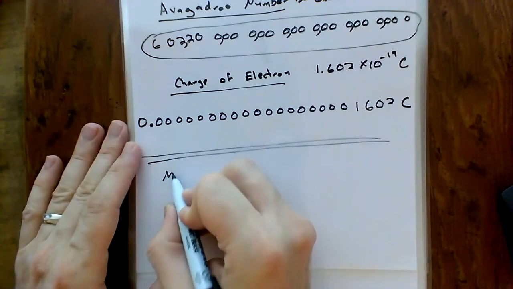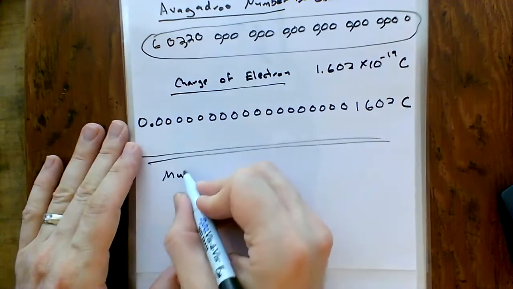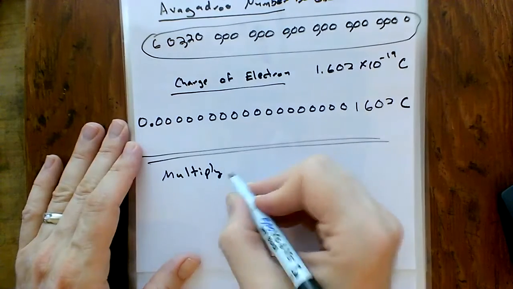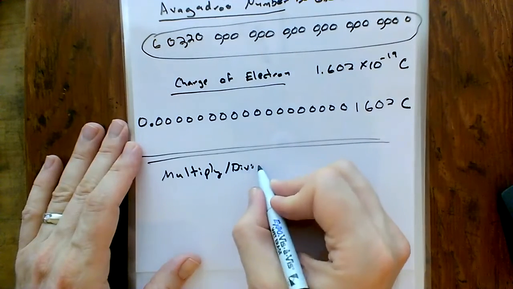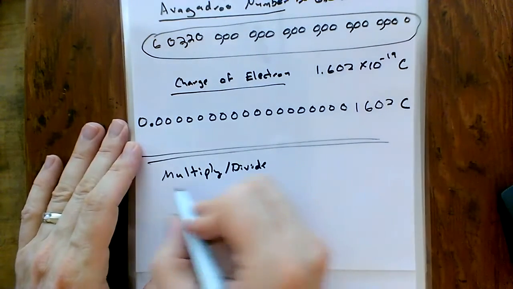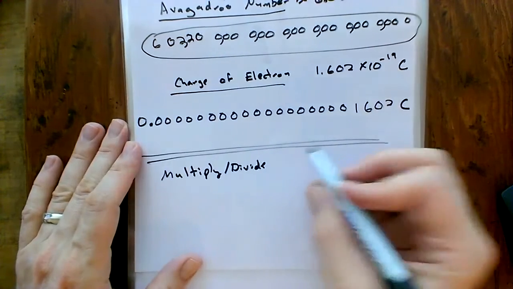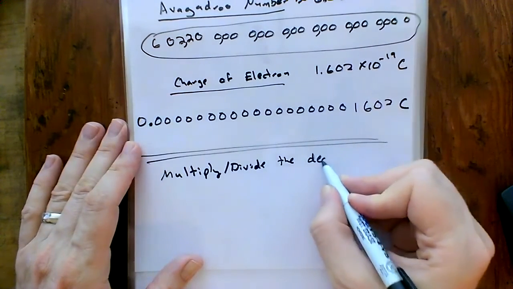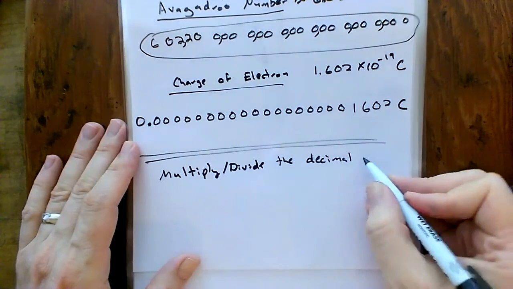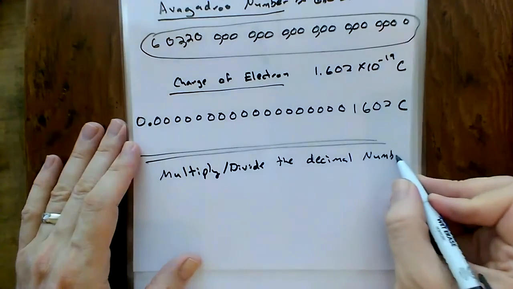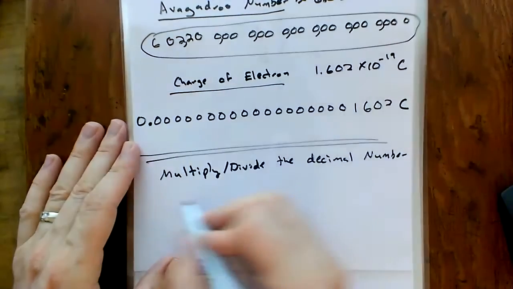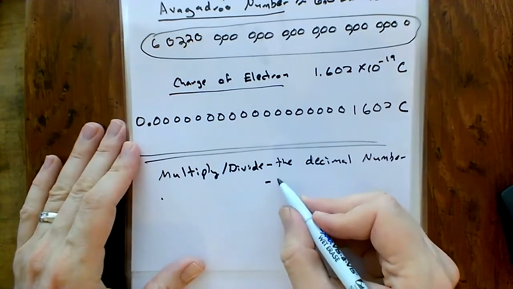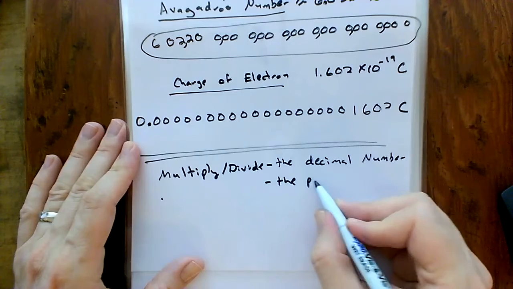You're going to set it up, and you're going to multiply or divide, as you need, the decimal numbers, and then you're going to do the same thing with the power of 10.